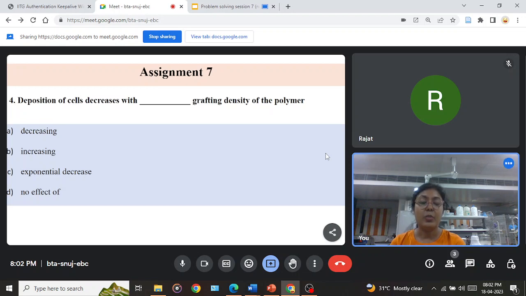When we graft a polymer onto a surface, how will it affect the deposition of the cells over this modified biomaterial? You have to answer this. Your options are A, decreasing, B, increasing, C, exponential decrease, and D, no effect.